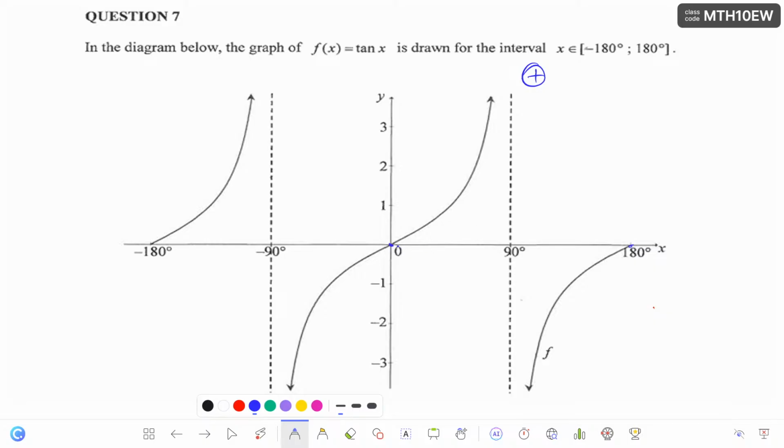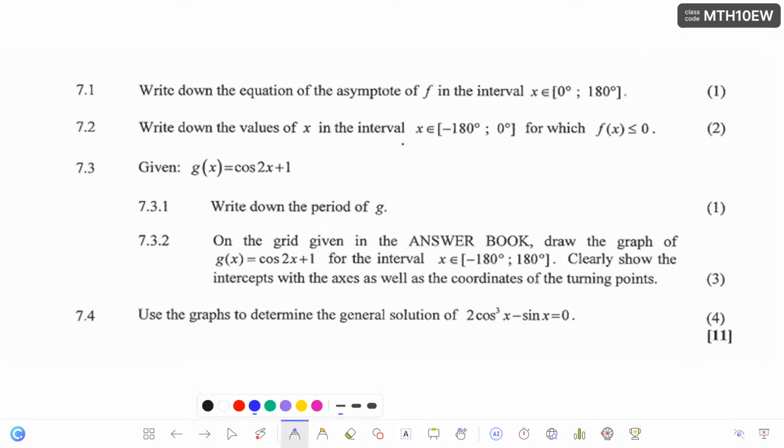We can find the equation of the asymptote by this line, which is a vertical line. So the equation of the asymptote is going to be x equals 90 degrees. You're going to get your 1 mark for that. 7.1: x equals 90 degrees is our equation of the asymptote.